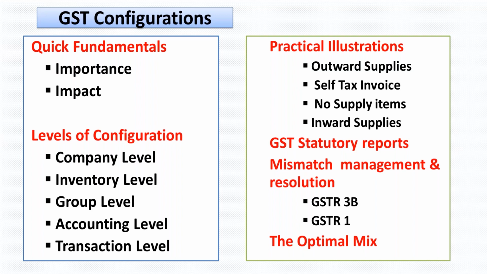We will also see what happens if I override at the transaction level, where it will get reported, and how to pick up that data, reanalyze it and finalize my return. All these will be covered today, especially with specific focus on mismatch management with respect to GSTR 3B and 1.